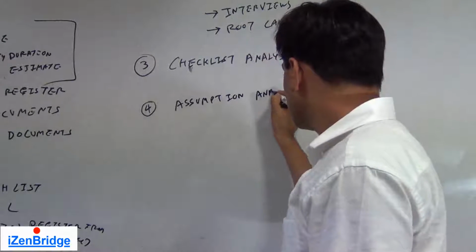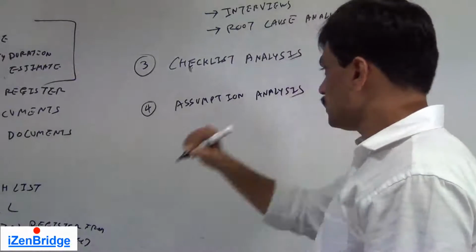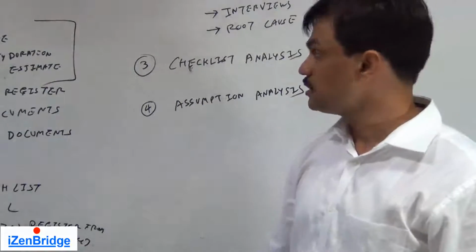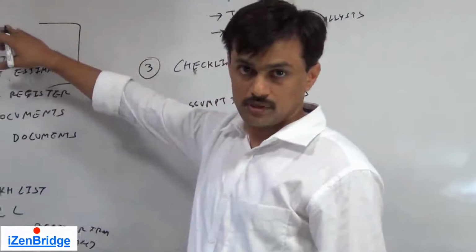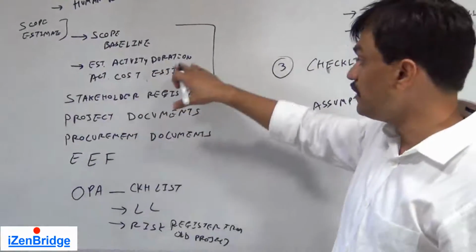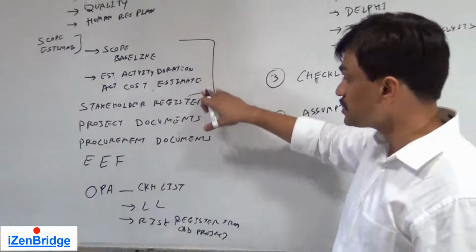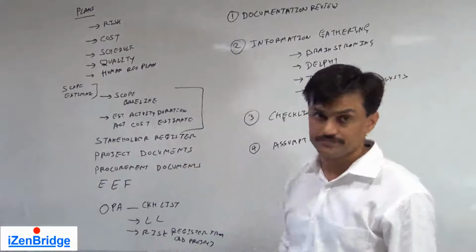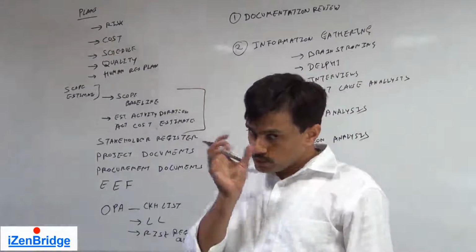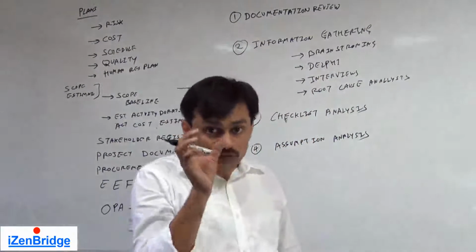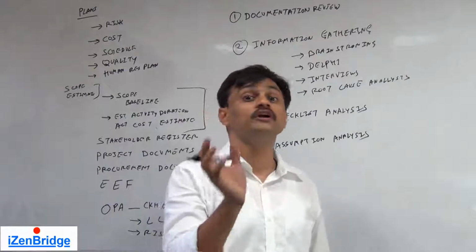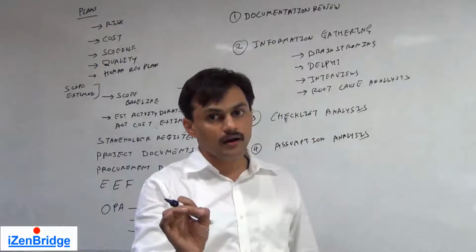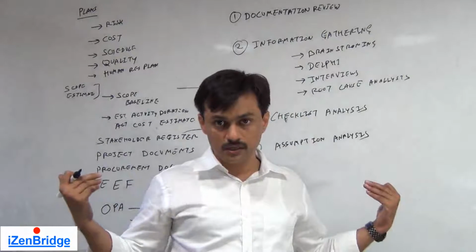Now, we made a good amount of assumptions while we were documenting scope. We also made assumptions while we were estimating activity duration and cost estimates for an activity. These assumptions always have a possibility of going wrong, and if they go wrong, they will impact the project.